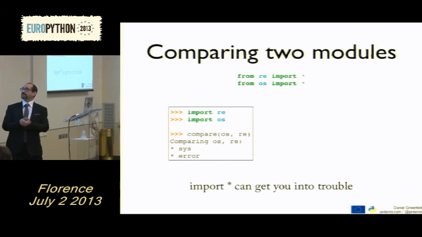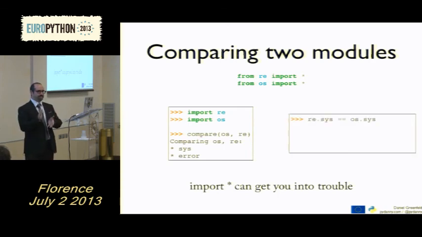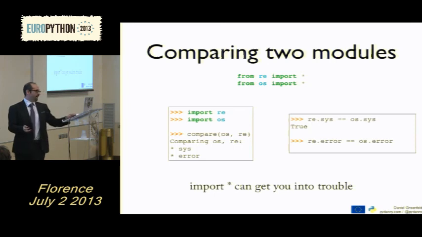And if I compare the OS module and the RE module from the standard library, I get two collisions on the sys object and the error object or function or whatever those things are. I don't know. I haven't even looked in it. If I compare re.sys versus os.sys, it's true. So odds are I'm not going to collide there. I'm not going to have a problem. However, on error, I've got problems. Okay? I have no idea what those problems are, but I bet someone's been hurt by that.